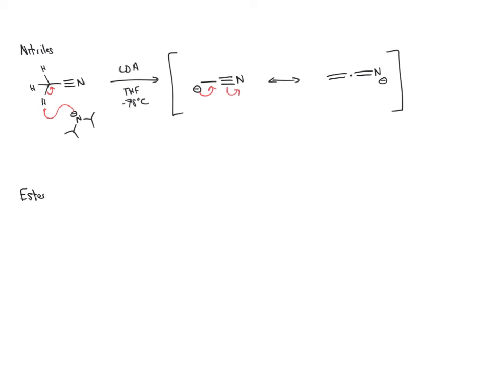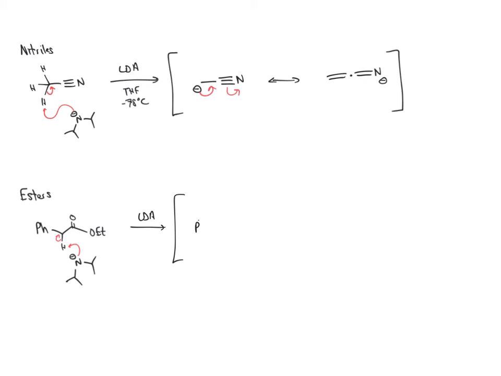Esters also do the same thing. And so let's say we have this system. We take LDA here. Again, THF minus 78 degrees. I won't draw it in. But we can do a deprotonation.